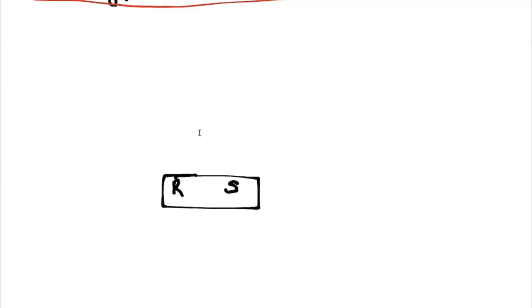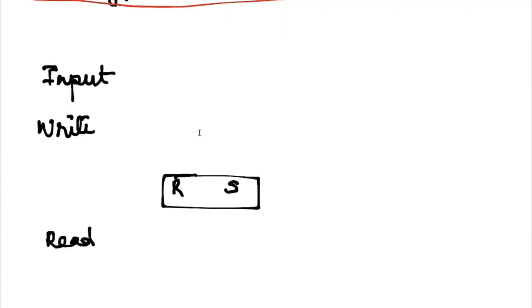Then we have the input line here. Then we have a write here. This is the write signal, and this is the read signal. Now I have two AND gates connected to the two inputs of the flip-flop.